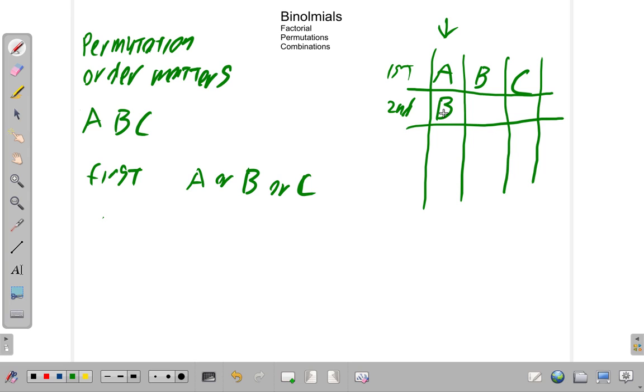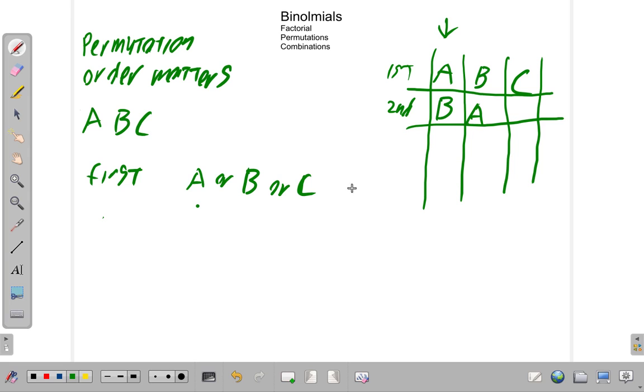Whatever the case is. If I put B, I cannot put B again. I have to put either A or C. So I could say, for example, put C here, or it could be A, whatever the case is. If I put C as the first letter, I cannot use it again. I have only A or B left.